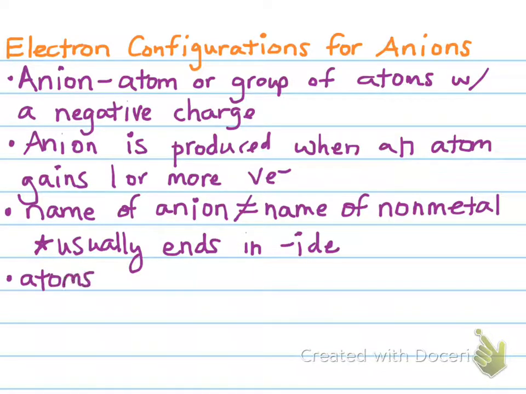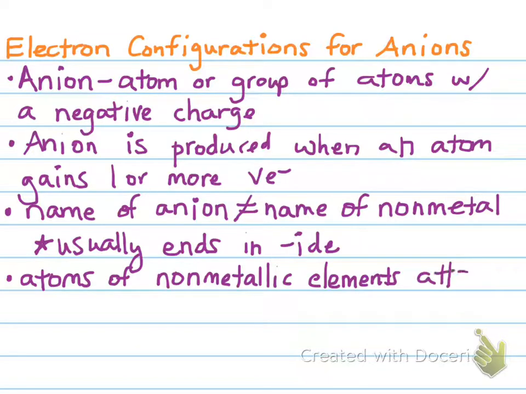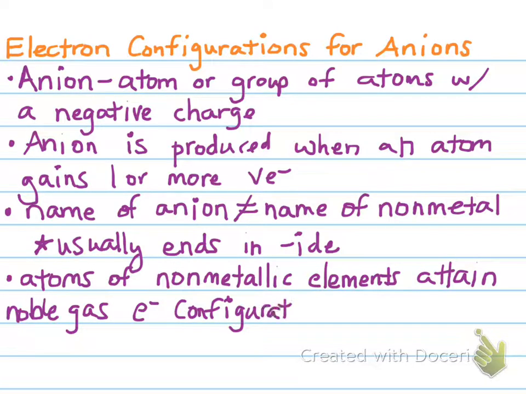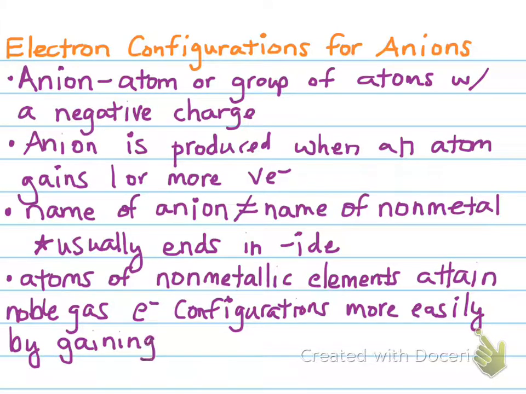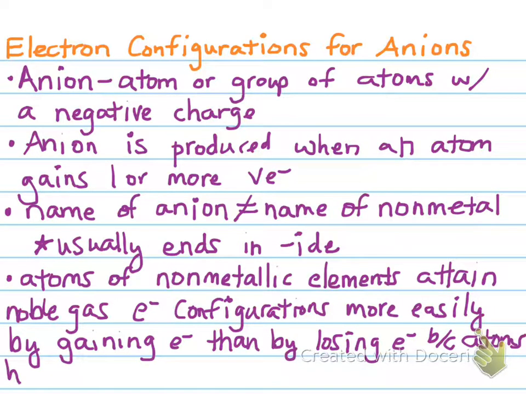The atoms of the non-metallic elements attain their noble gas electron configurations more easily by gaining electrons than by losing them, because the atoms have relatively full valence shells.